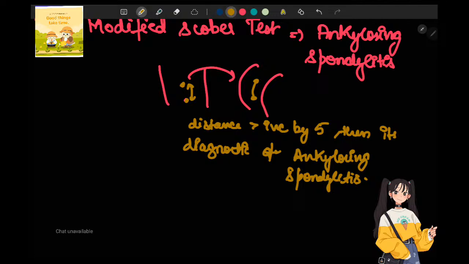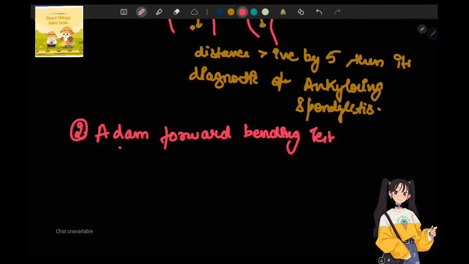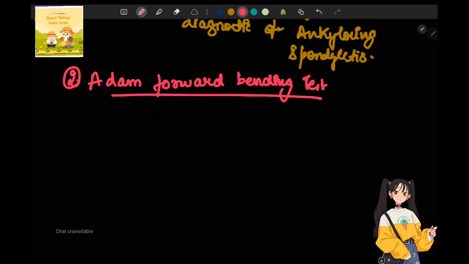Okay, so then we'll go for the second test. Now the second test we're talking about is the Adam forward bending test. What happens in this test? We will tell the person to stand and then bend.